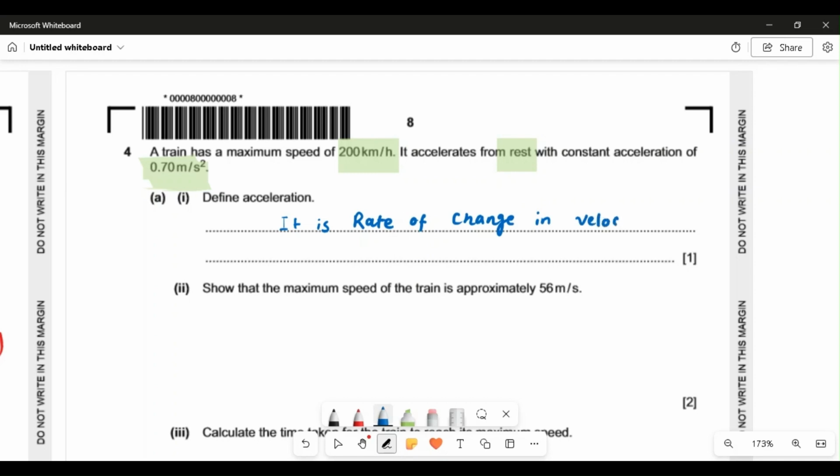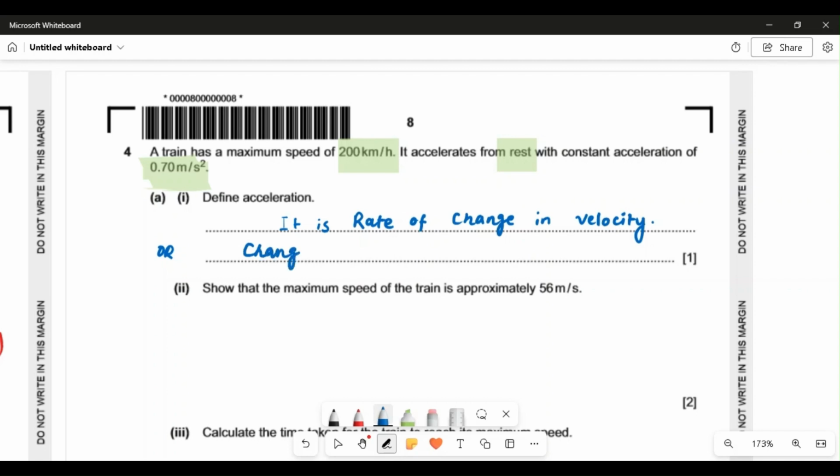Here I would like to mention one thing. We cannot use the word speed here, but we can say change in velocity over time or change in velocity per second.